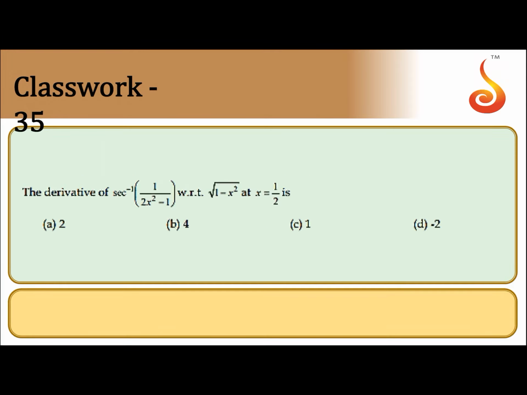Coming to the next one. Derivative of the first function with respect to the second function. Of course, it's simple. I think secant inverse is reciprocal, cos inverse of 2x square minus 1. I think it is 2 cos inverse x with respect to this. So you are given y equal to 2 cos inverse of x and z equal to root of 1 minus x square.